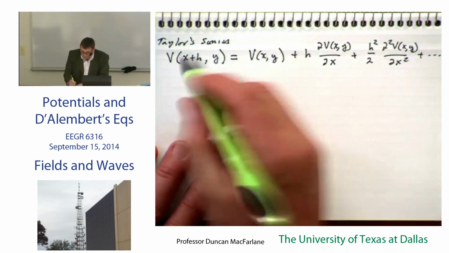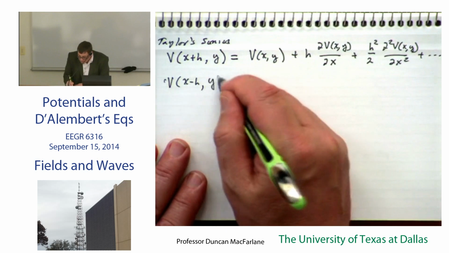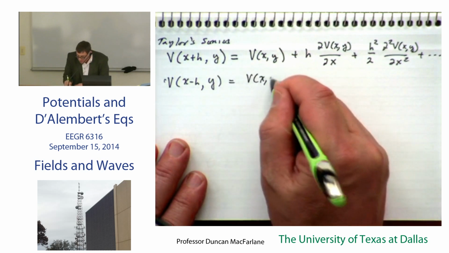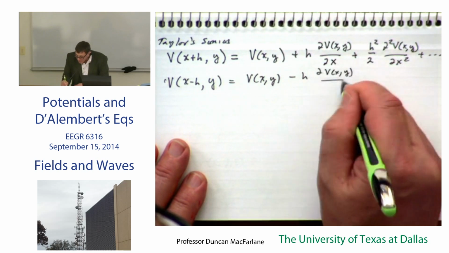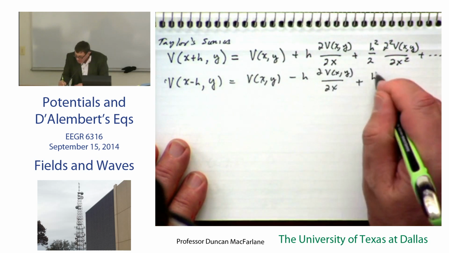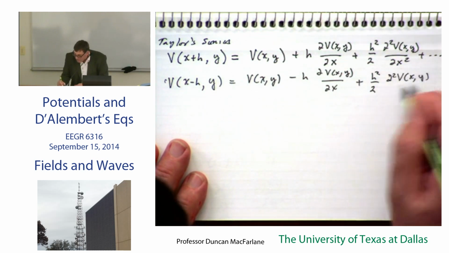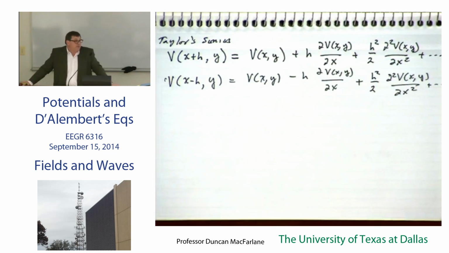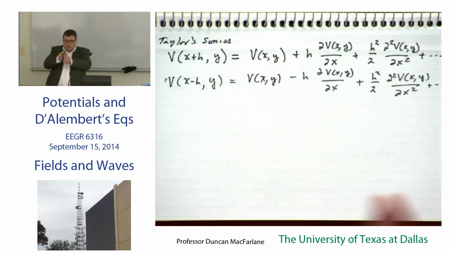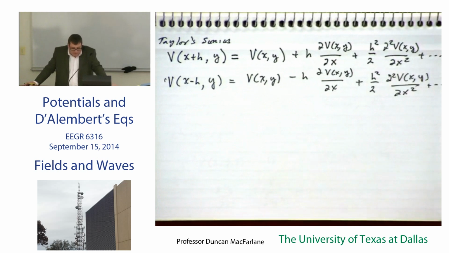And that was so much fun that I'll do the same at minus h. So I go a little bit to the right, I go a little bit to the left, and I have a Taylor series expansion in both directions.